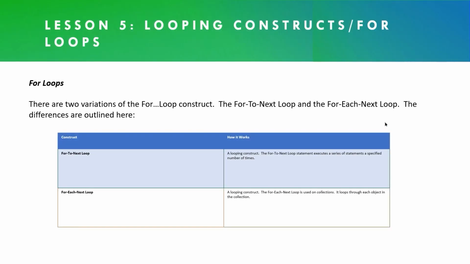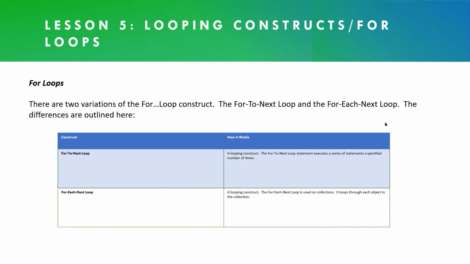Our last topic in this lesson are for loops. So another type of looping construct, and there are two variations, of course, the for to next loop and the for each next loop. The for to next loop, that statement will execute a series of statements a specified number of times.